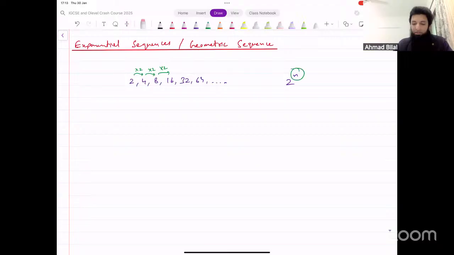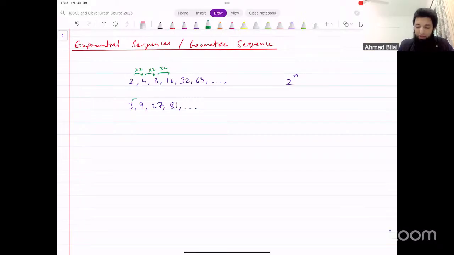Okay. Mostly in your syllabus, it's going to be something very straightforward that you'll be able to figure out from the question itself. If you have another one that looks like this, for instance, 3, 9, 27, 81. What's this?